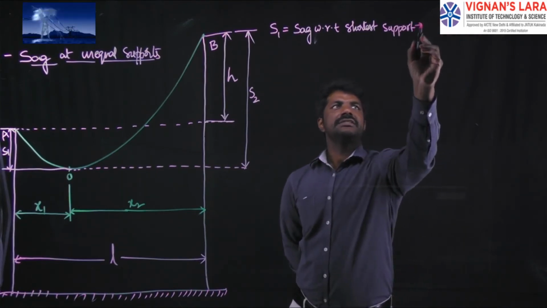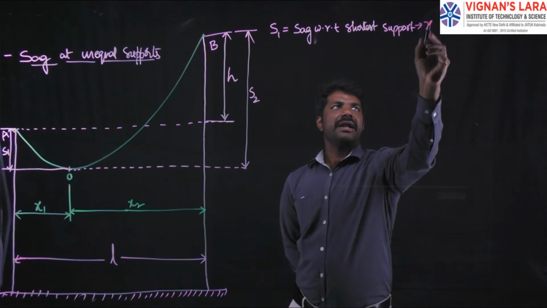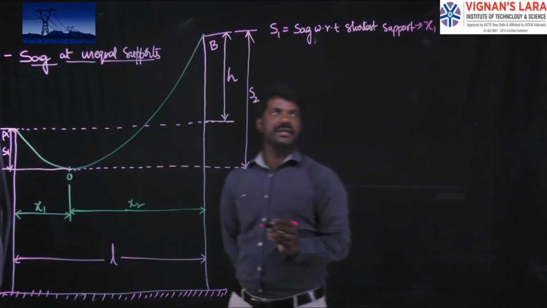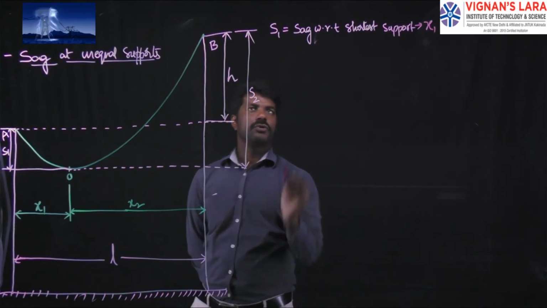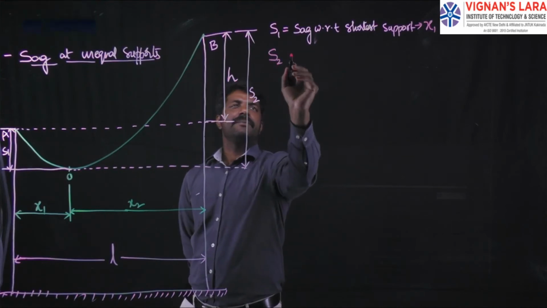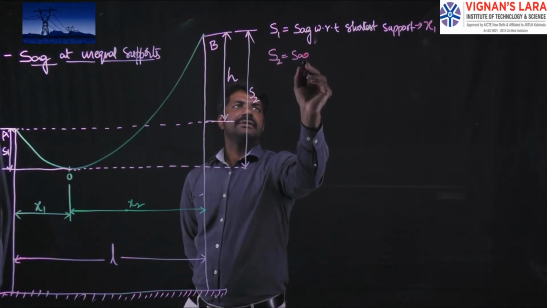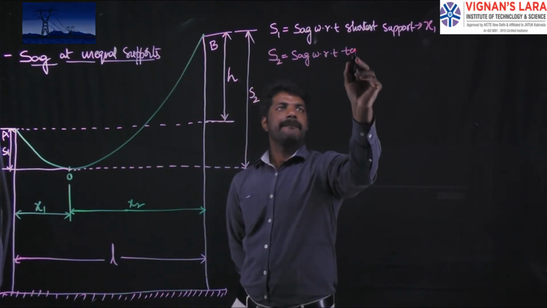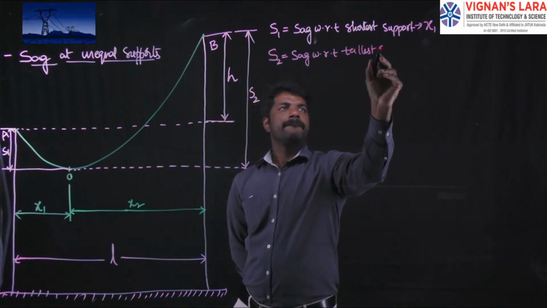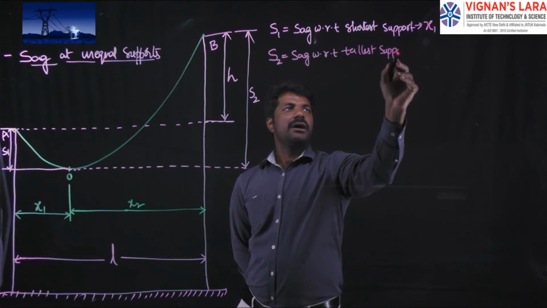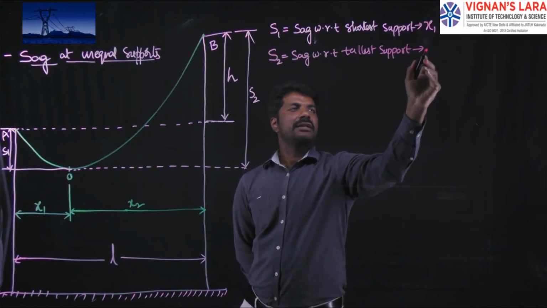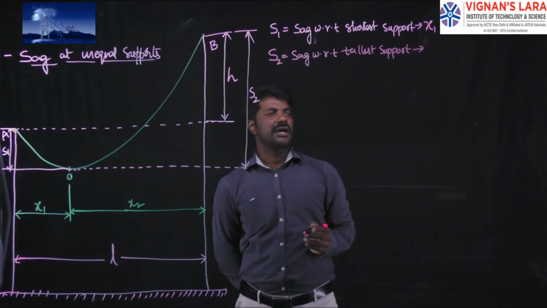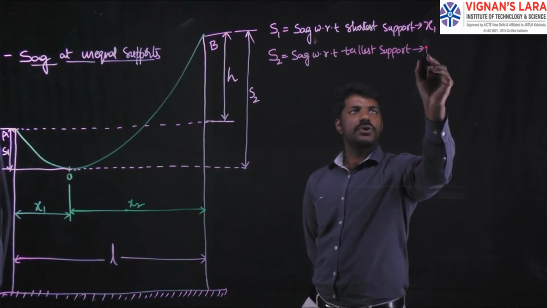So S1 is the sag identified at x1 meters with respect to O, and S2 is the sag with respect to the tallest tower or support, and with respect to that tallest tower, the point O is located at a distance of x2.